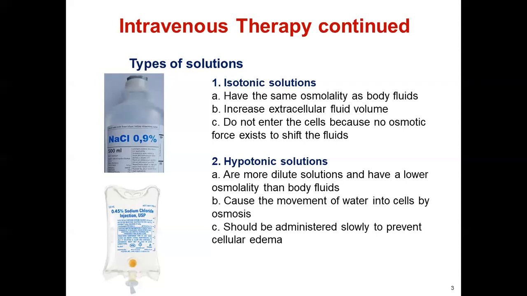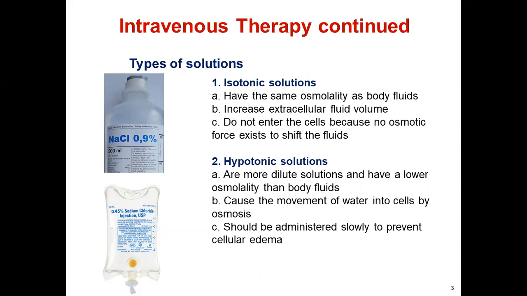Or when a patient has a burn, or when we need to replace the sodium and chloride, we choose isotonic solution, or 0.9% normal saline, right? And 0.9% normal saline always hangs with blood transfusion as well.